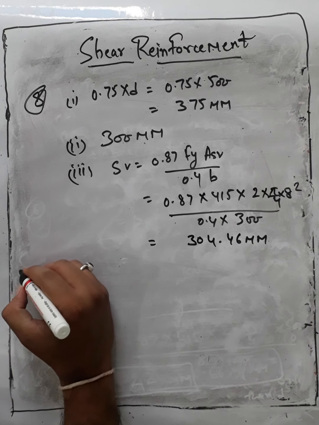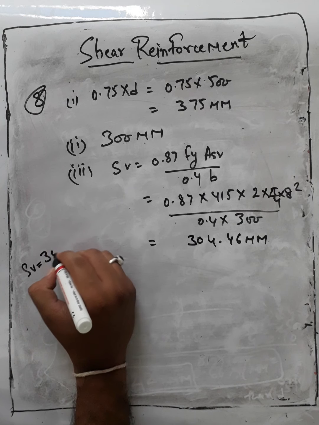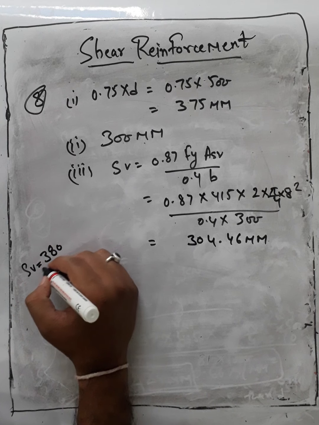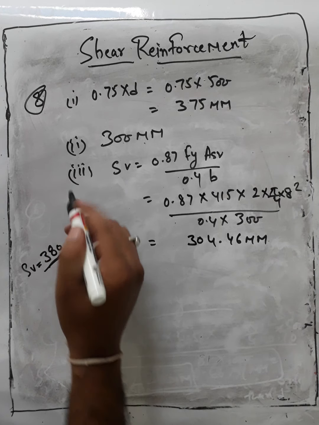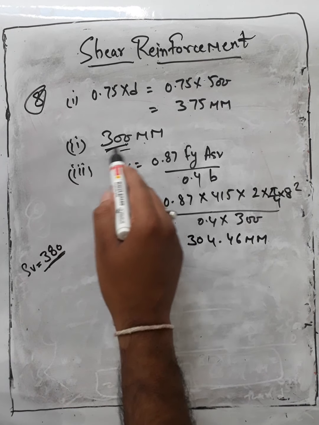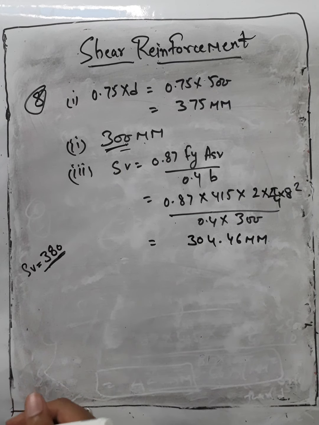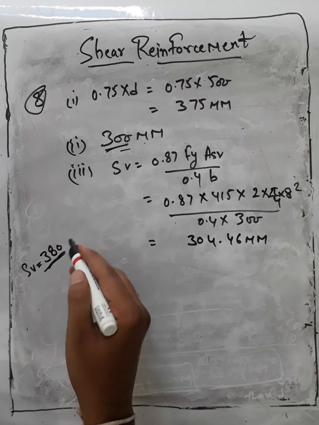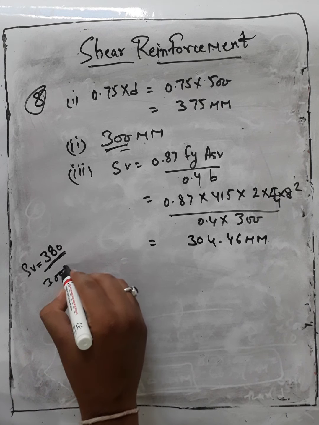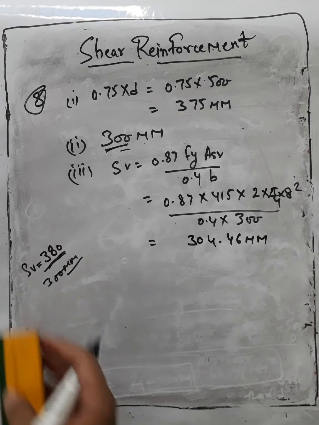Maybe the spacing we get is 300 or 380, so this is the maximum, but here the maximum spacing we provide is 300 mm. That's why, if we got 380 as an answer, we would provide 300 mm spacing, so we have to check whether the spacing is safe or not.